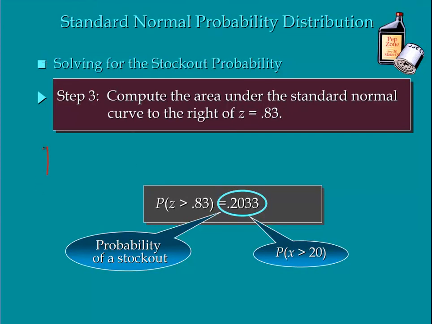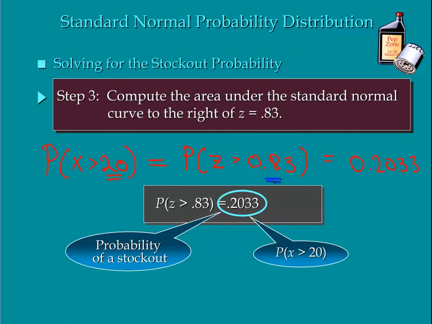What we were asked first off was, what is the probability of x greater than 20? Well, that is equivalent to the probability of a z value being greater than 0.83, and that is equal, from the tables, to 0.2033.